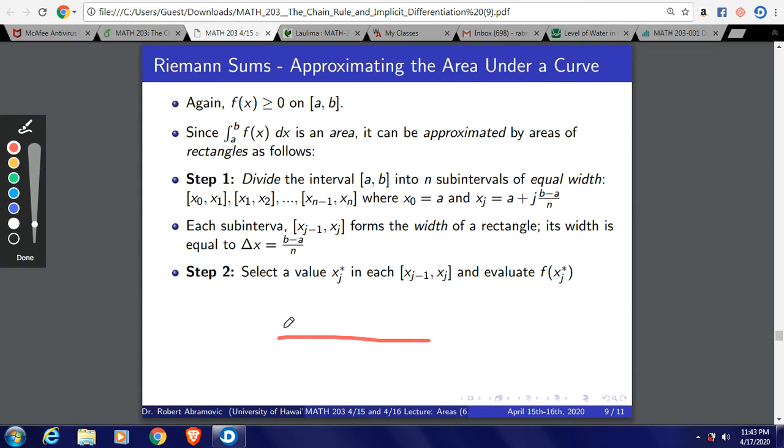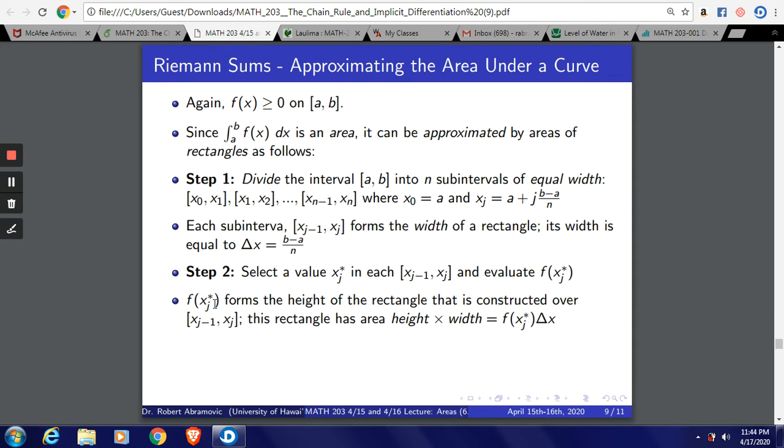And then we're going to evaluate the function at that value in this subinterval. f of xj star forms the height of the rectangle that's constructed over the subinterval.